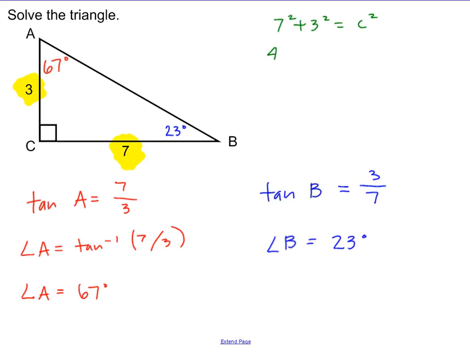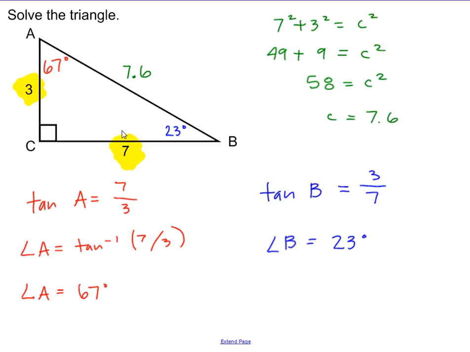So I have 49 plus 9 equals c squared, which means that 58 equals c squared. So I need to take the square root of both sides. When I do that, since it's a side, I'm going to round this one to the nearest tenth, and I get 7.6. It is really important to ask yourself if your answers seem reasonable.